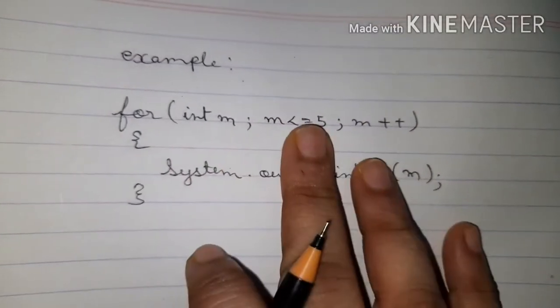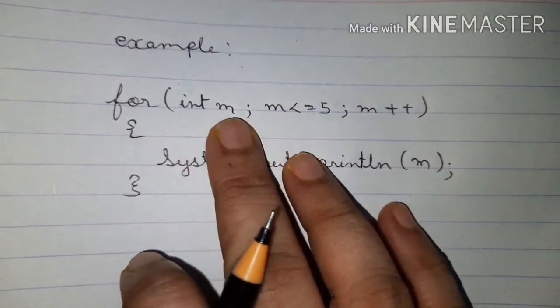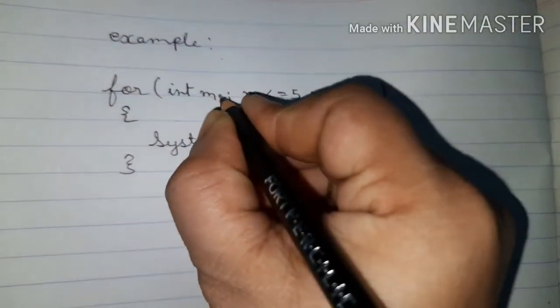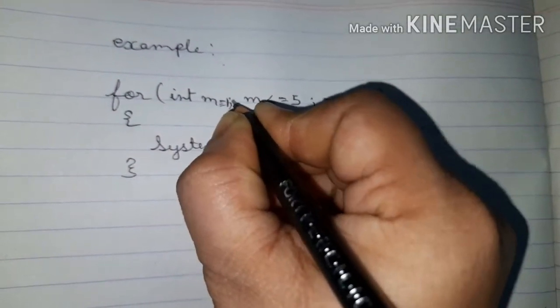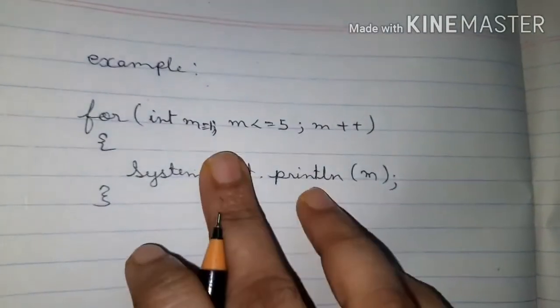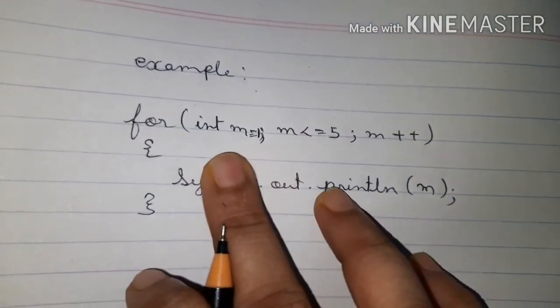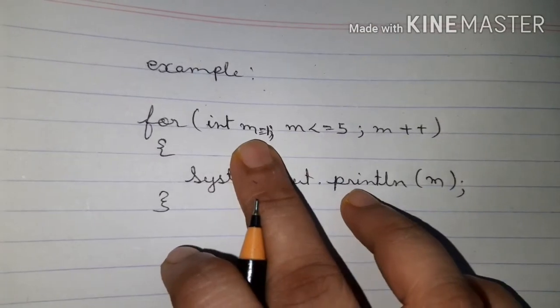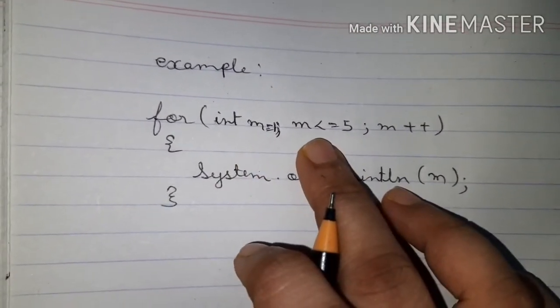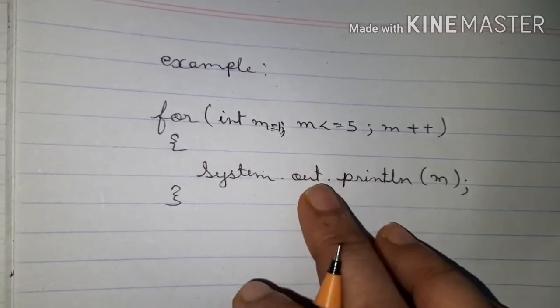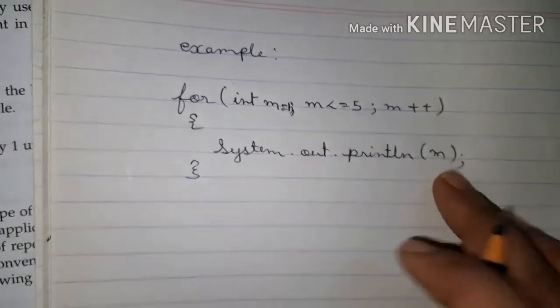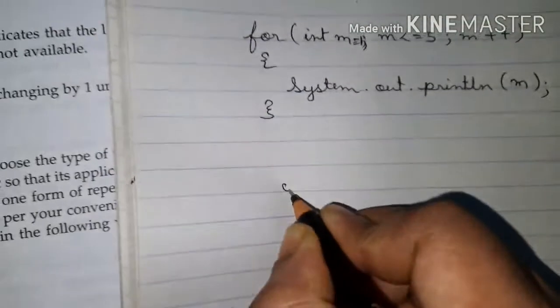So let's see how the loop works. So here int m equal to 1, then a semicolon. So here m is 1, so the condition is true, m is less than 5, so it will enter inside the loop. Let's see the output.